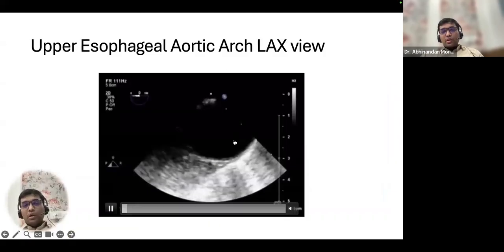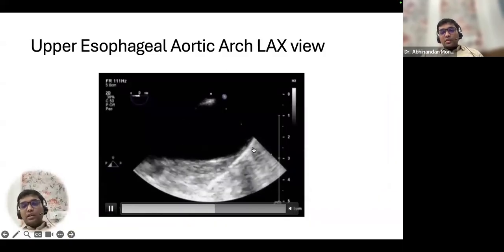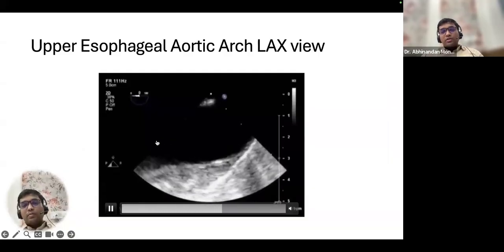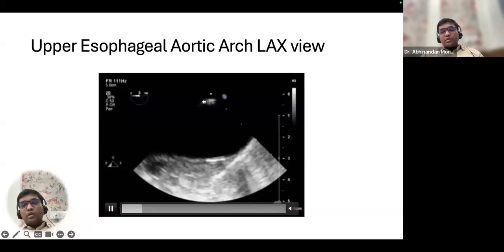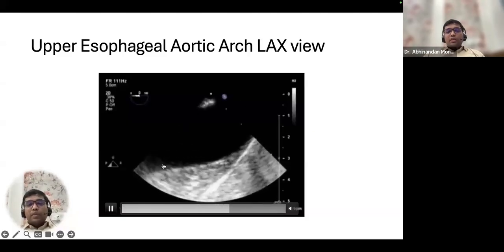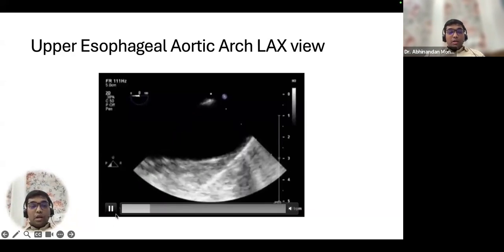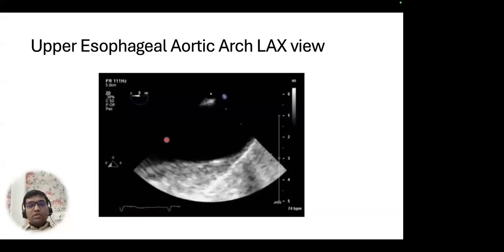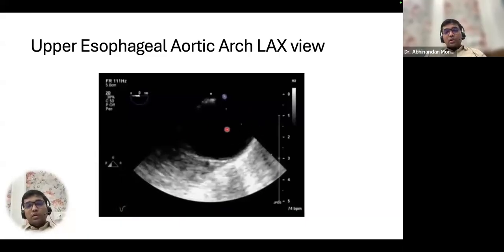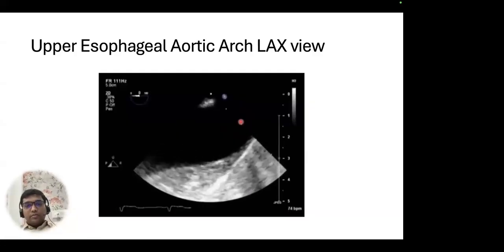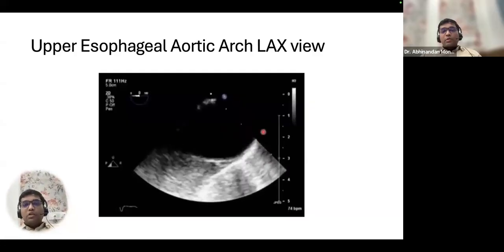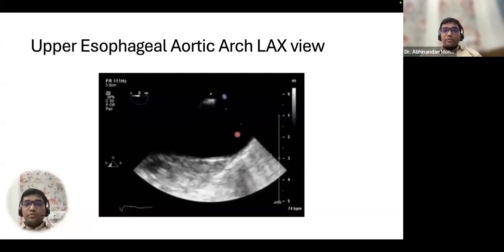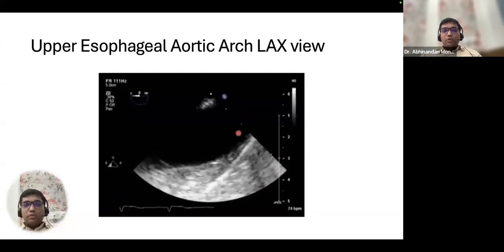Whenever you are coming from your descending thoracic aorta short axis view, you are withdrawing and you suddenly get this image. Usually this is your proximal and this becomes your distal. Can you see my pointer? Yes. And here you will be able to see your subclavian artery also, just before the aortic arch.